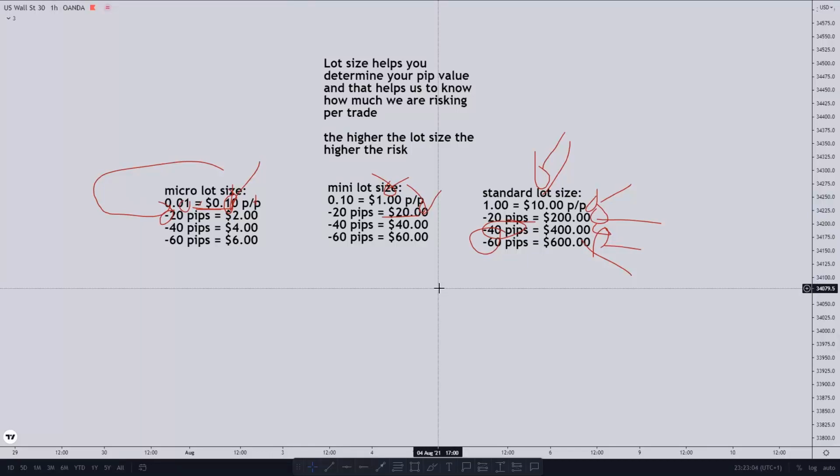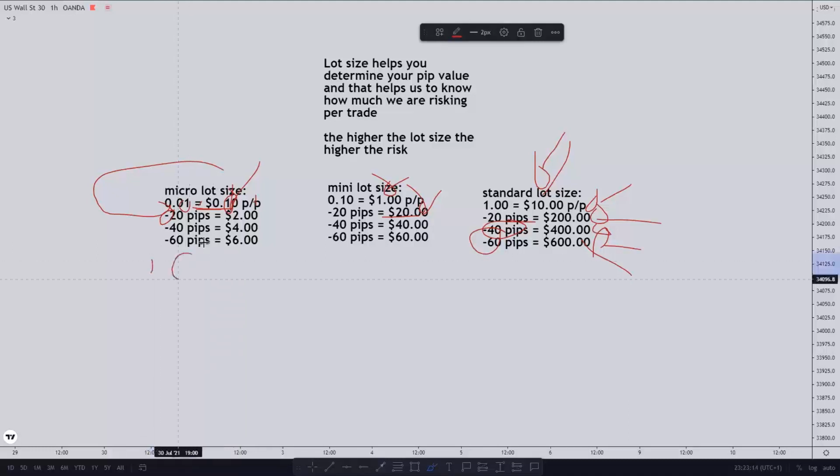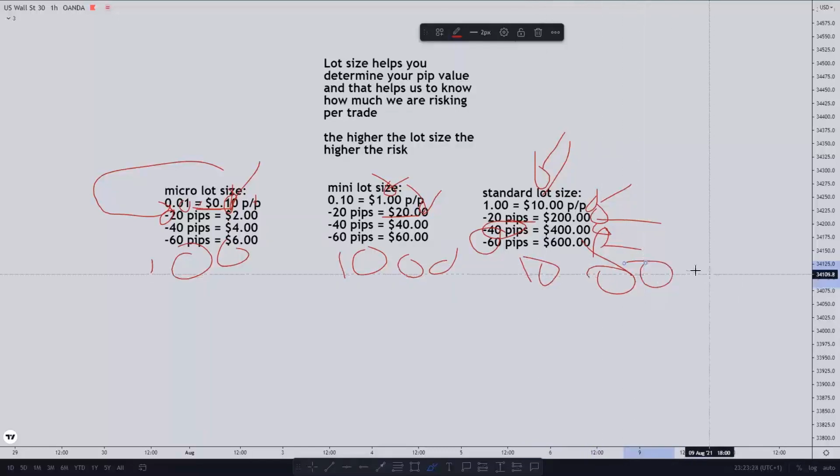Let's say here we have a $100 account, here we have a $1,000 account, and here we have a 10K account.